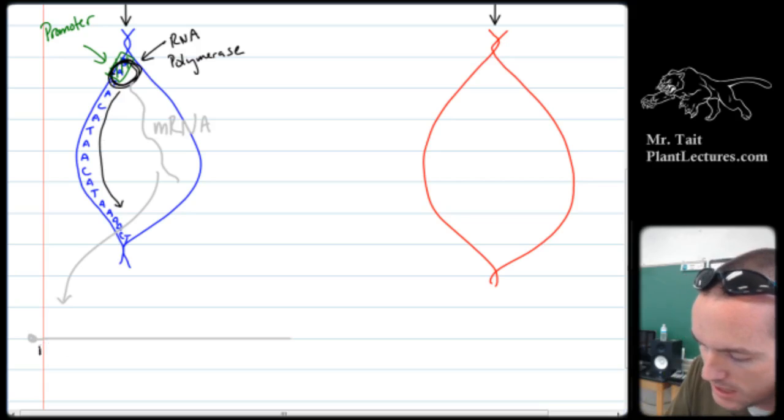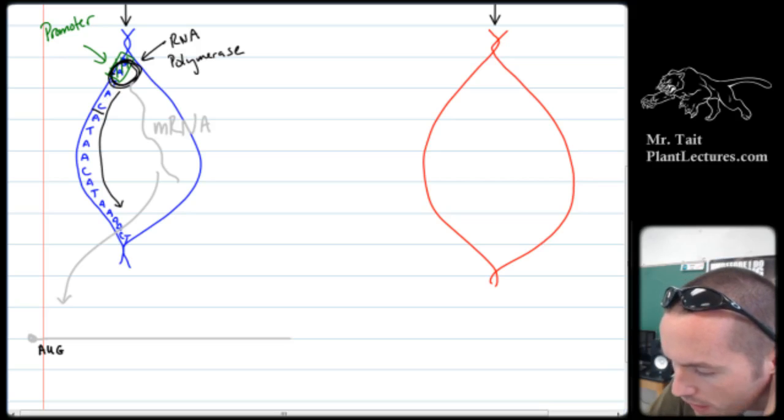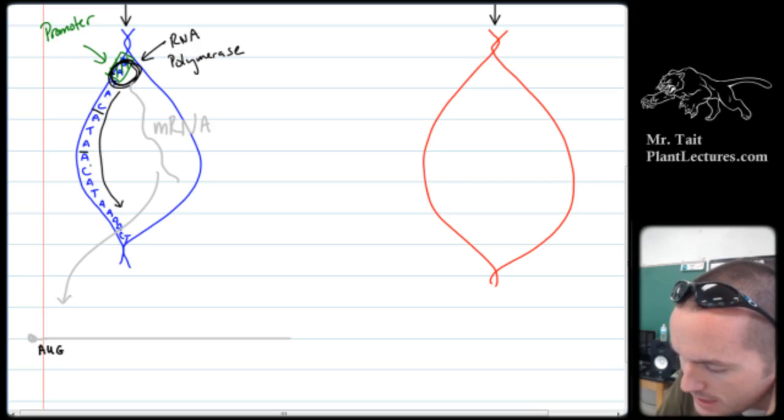So T goes to A goes to U, C goes to G, right? That's that. Then we got ATA, so that's going to correspond to UAU. Then we got ACA, that's going to correspond to UGU.